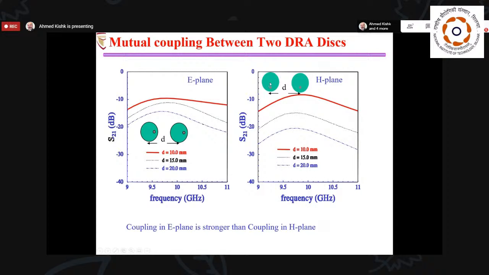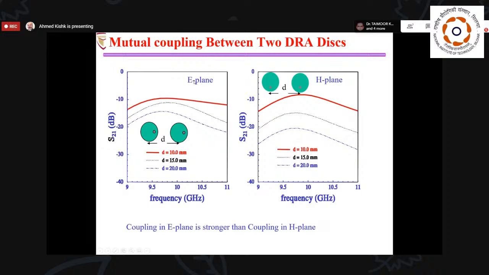The other arrangement is the H-plane arrangement, where the polarization is orthogonal to the line between the two resonators. And here you can see that as I increase the distance between the two resonators, I decrease the mutual coupling. But you can see that the mutual coupling here is reducing slowly with distance. And here for the H-plane, the mutual coupling is reduced very quickly with the distance between them.